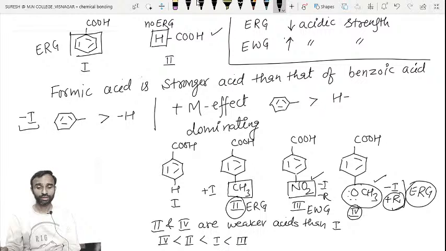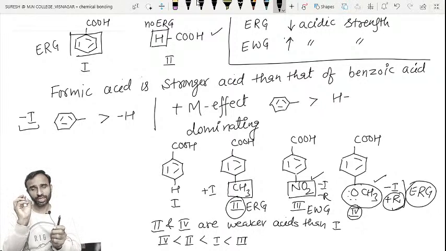Okay, so in the next lecture we will talk about the ortho effect and its applications. So this is a simple case, or we can go through all the acidic strengths, which are very simple.